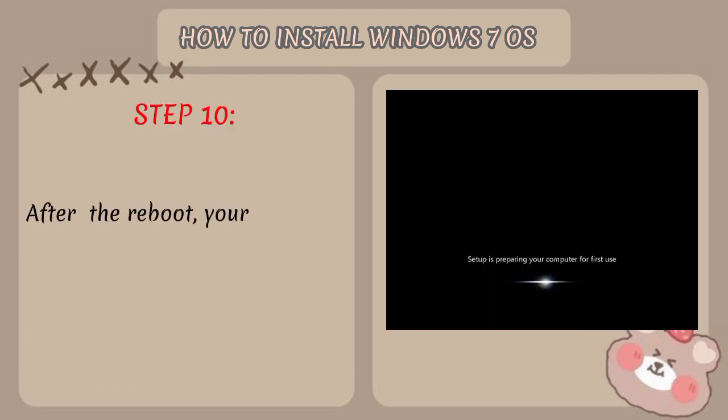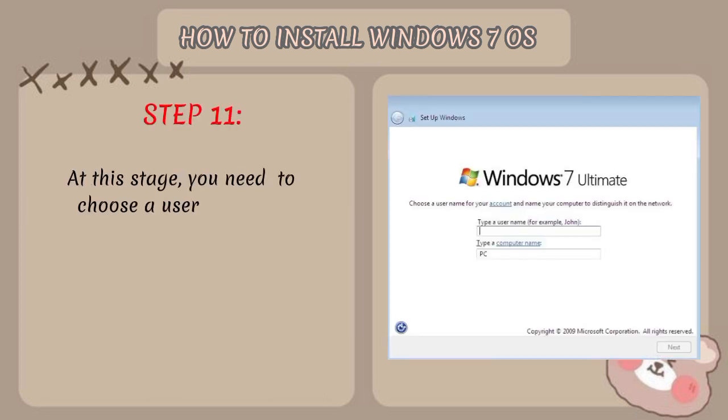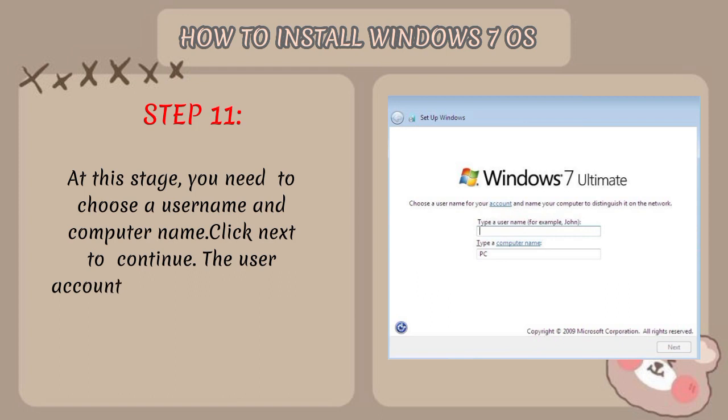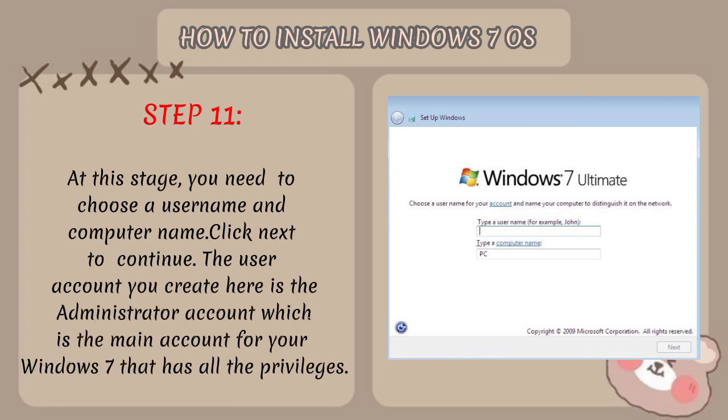Step 10. After the reboot, your computer will be prepared for first use. Step 11. At this stage, you need to choose a username and computer name. Click Next to continue. The user account you create here is the administrator account, which is the main account for your Windows 7 that has all the privileges.